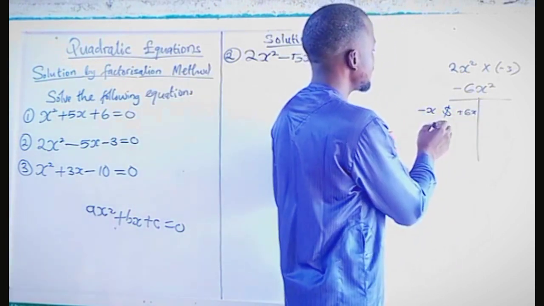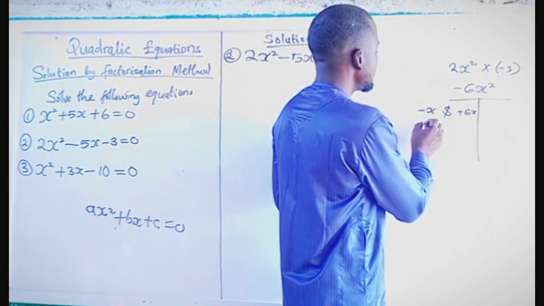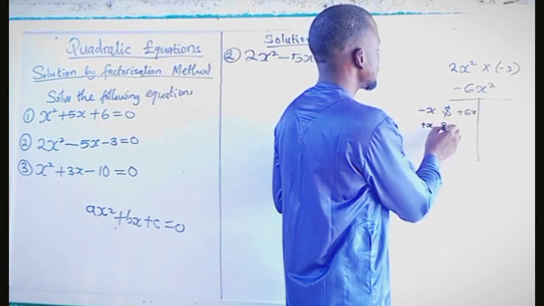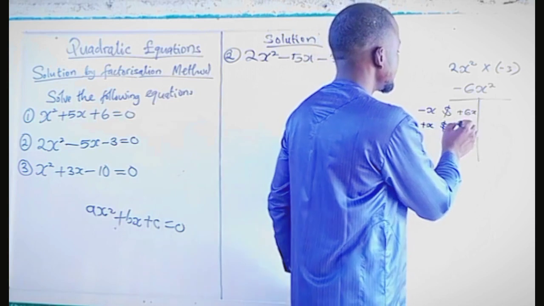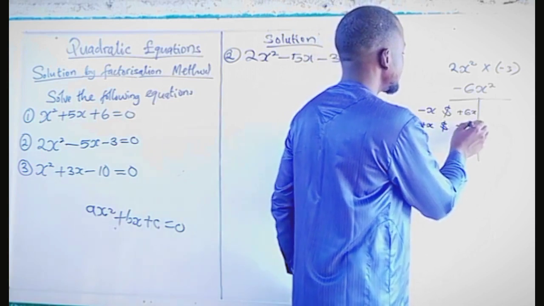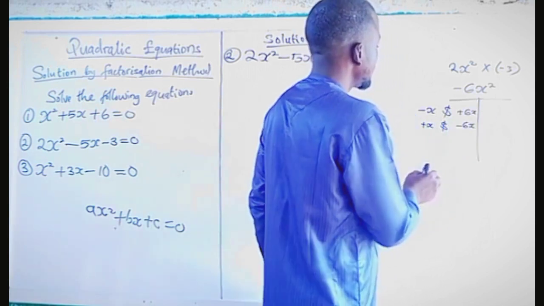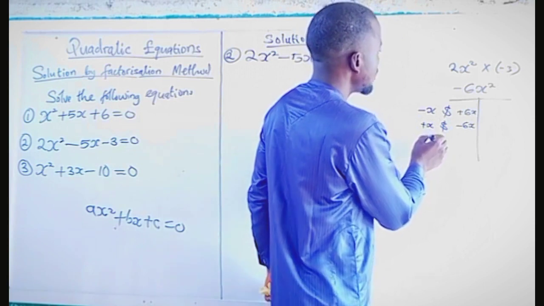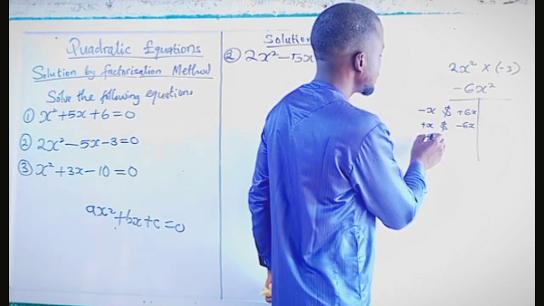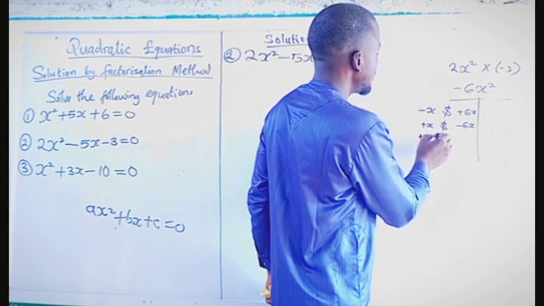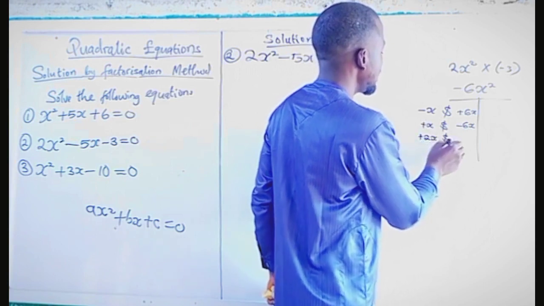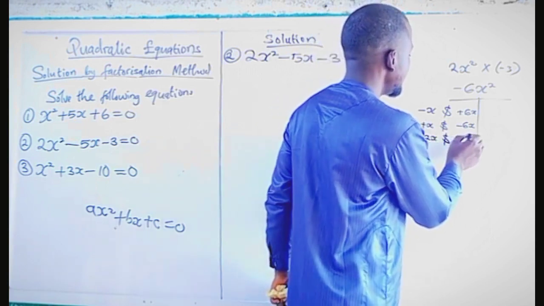We'll also have plus x and minus 6x. We have another one as plus 2x and minus 3x.